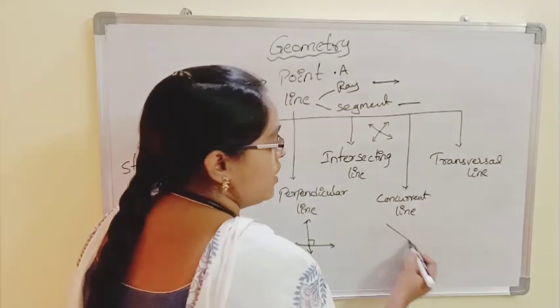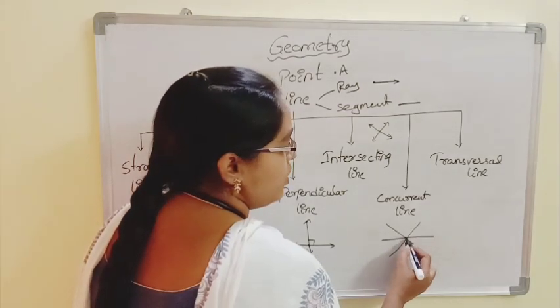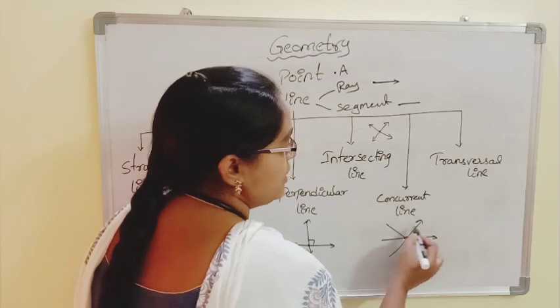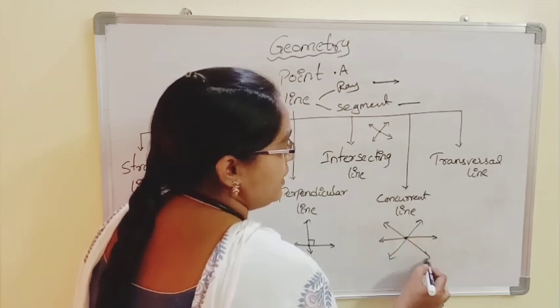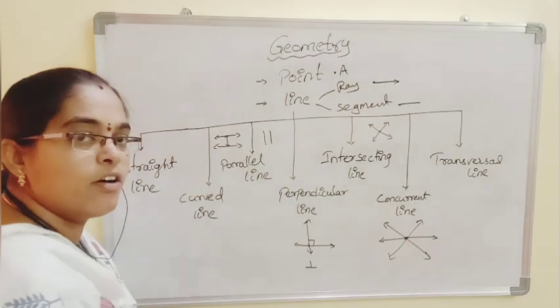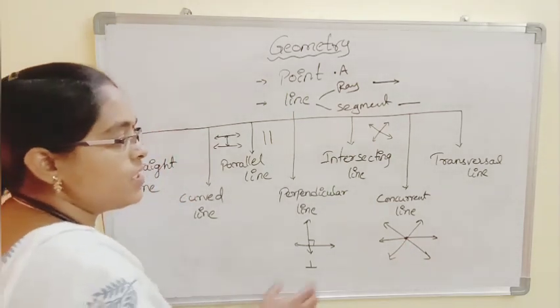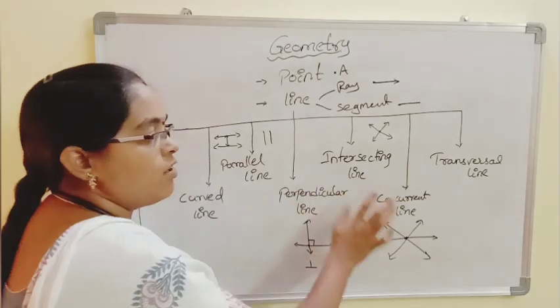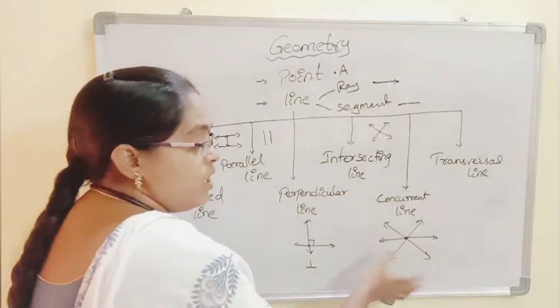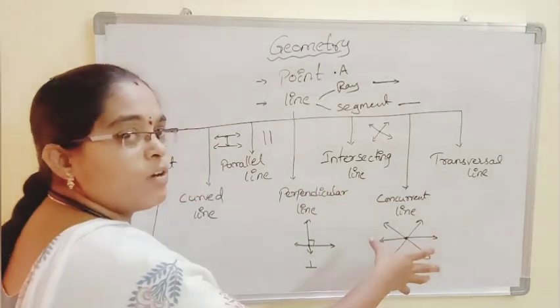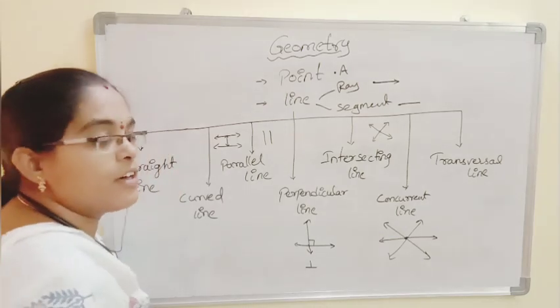Concurrent lines means if three or more lines intersect at the same point, then we are calling these lines concurrent lines, and this point we are calling the concurrent point. See, if two lines intersect, we are calling them intersecting lines. If three or more lines intersect, we are calling them concurrent lines.